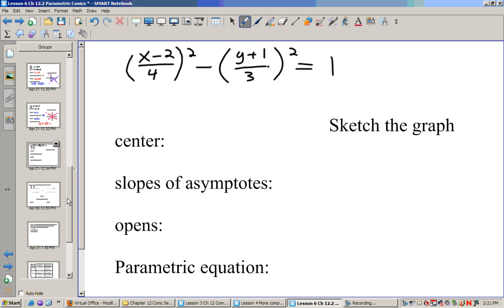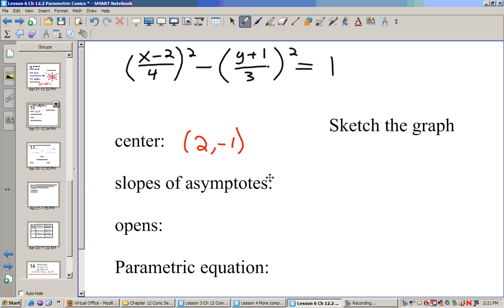Alright, now let's start in our standard form and get our parametric equation. Our center is going to be 2, -1. The slopes of our asymptotes are plus or minus 3/2. Since this is positive, it's going to open left, right.